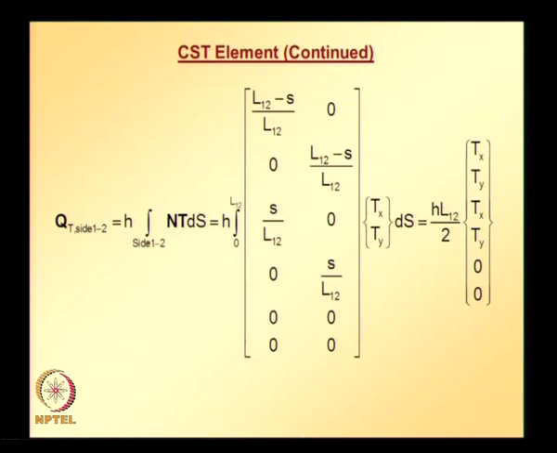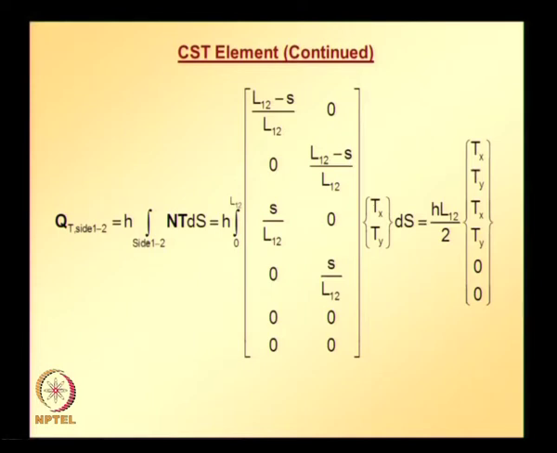Finally, simplifying this, we get q as h L12 over 2 times a vector consisting of Tx, Ty, 0, 0, and this is the equivalent nodal vector along side 1 2.